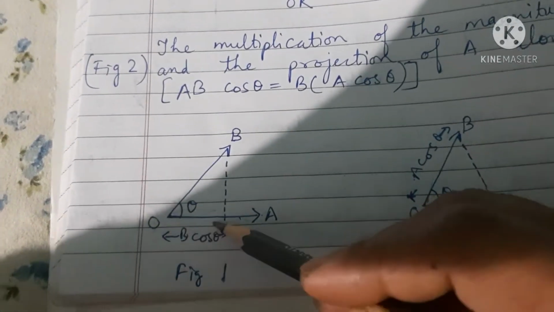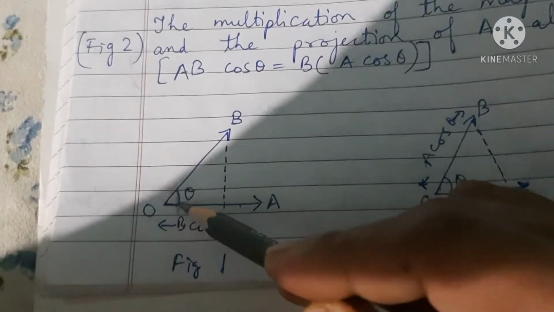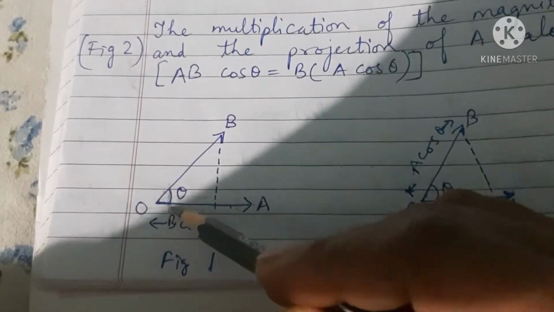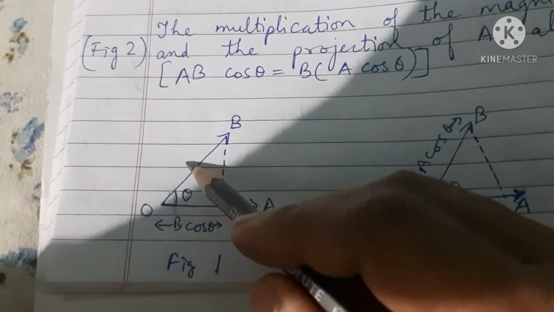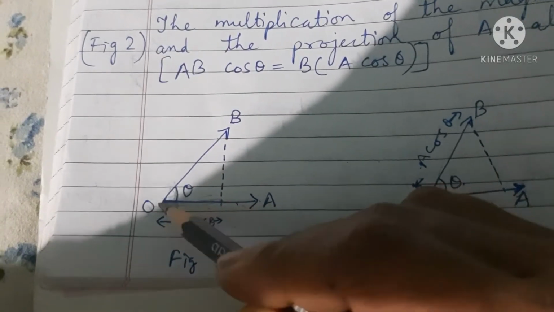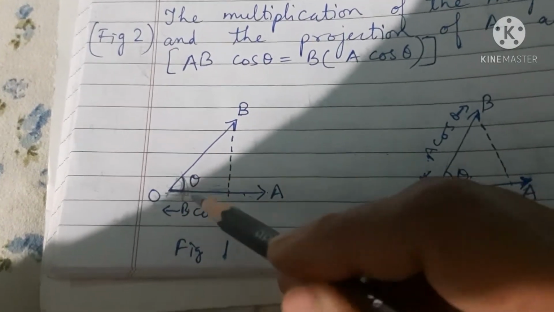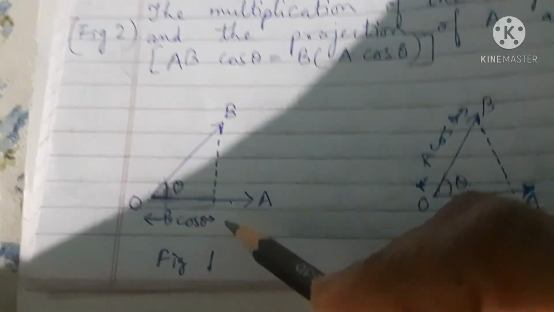This side is B cos theta because if theta is the angle, cos theta is equal to base upon hypotenuse. So this is the base, this is the angle. So this is B cos theta.